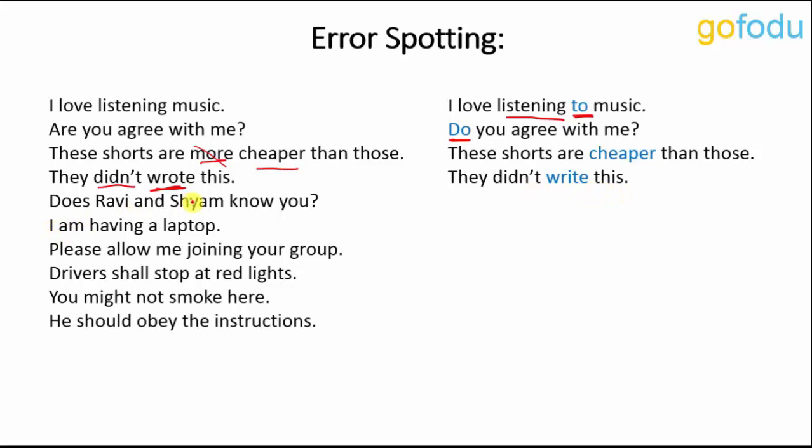Does Ravi and Sham know you? Over here, how many people are there? Ravi and Sham, two people. So it's a plural subject. Does is not used with plural, it's only used with singular. So what will come? Do Ravi and Sham know you? I am having a laptop. Now, this sentence, I am having, is very commonly used among us.